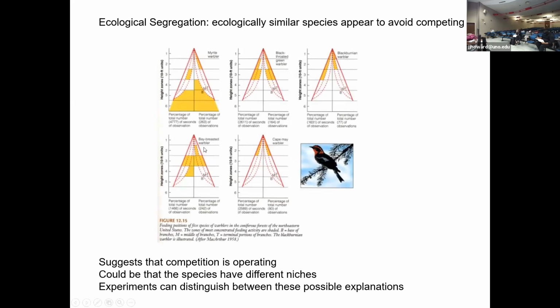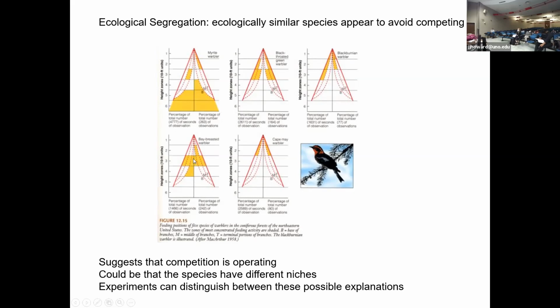Okay, here is the bay-breasted warbler, and notice here it's using these sort of lower, middle, inner parts of the branches, which are not used by any of the other warblers, even though it's overlapping sort of here with both the black-throated and Blackburnian, and here with the myrtle and black-throated green. It's got these inner branches all to itself.